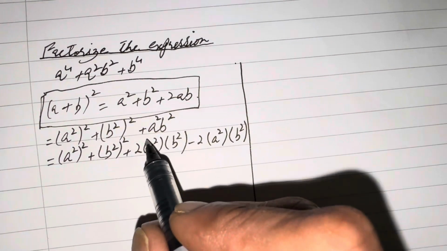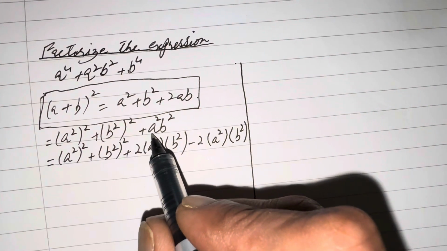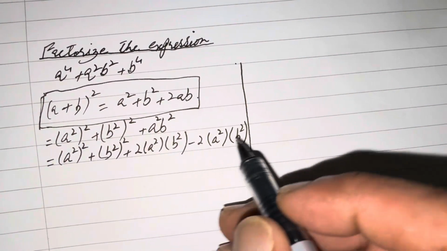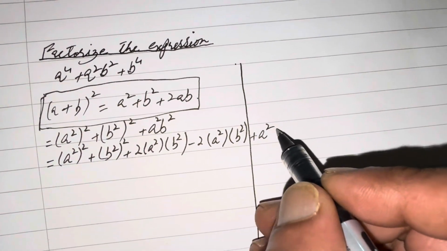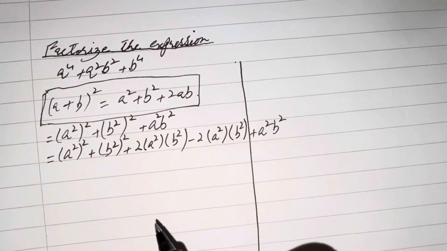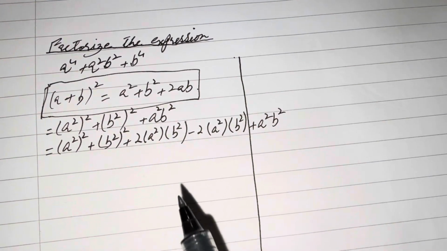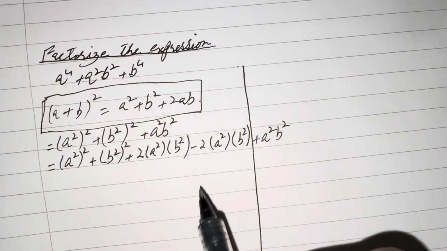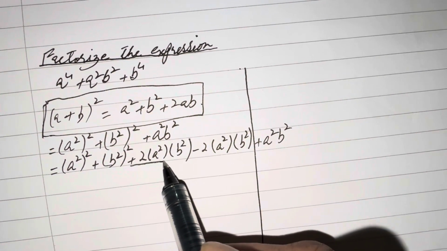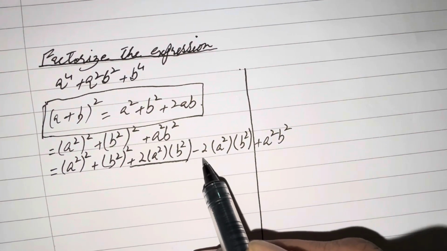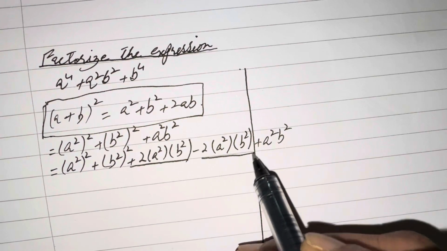So this plus a square b square will be written as it is, a square b square. So if you see what we have done, we have added this term and subtracted this term.